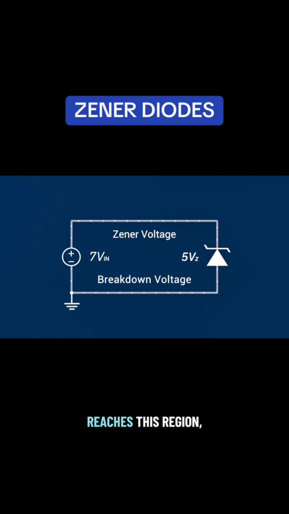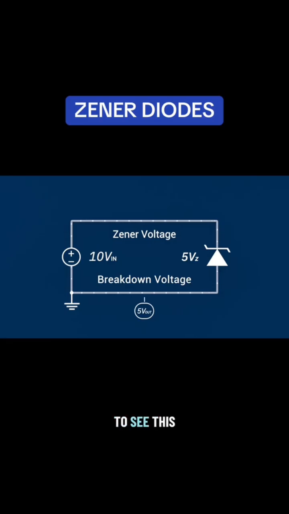Once the diode reaches this region, the reverse current increases sharply, but the voltage across the Zener diode remains nearly constant. That ability to maintain a fixed voltage even as current varies is exactly what makes Zener diodes useful as voltage regulators and voltage reference devices.